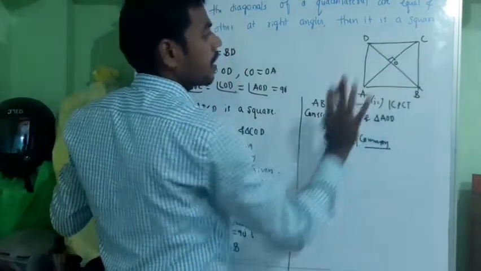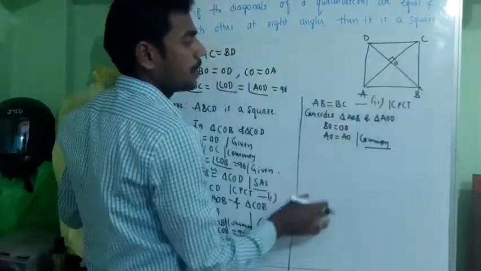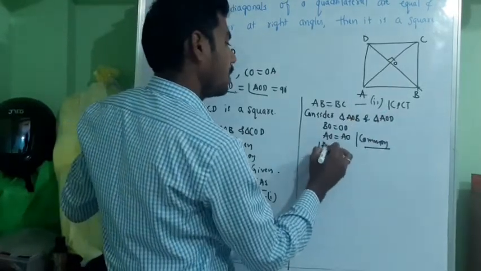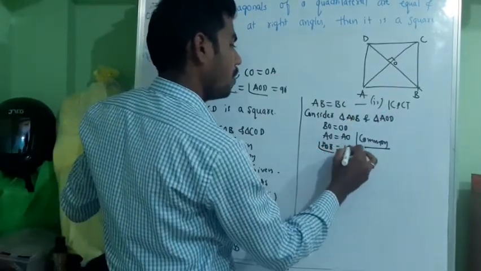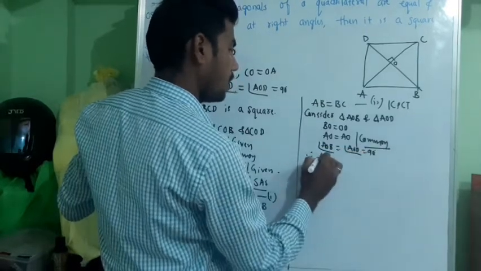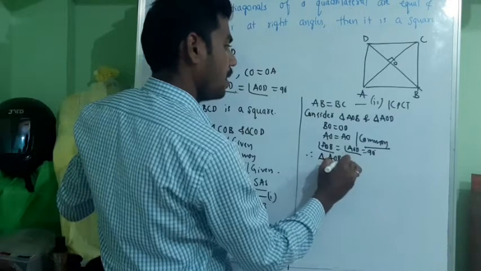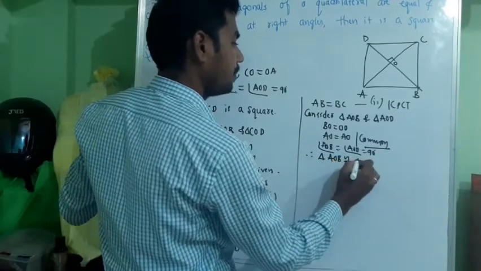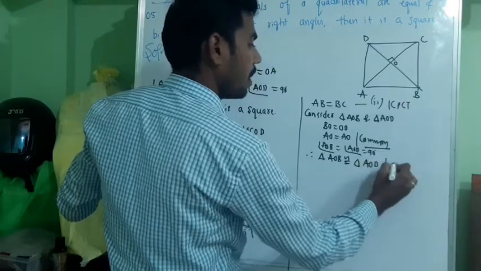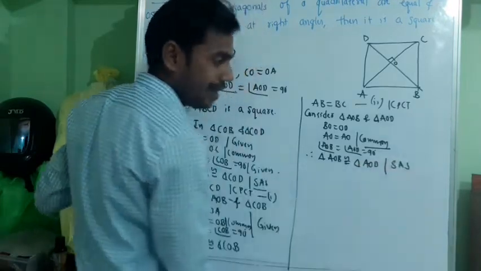AO is a common side. Earlier BO was the common side. Next, angle AOB is equal to angle AOD is equal to 90 degrees, right? So therefore triangle AOB is congruent to triangle AOD. This is because of the SAS criteria.